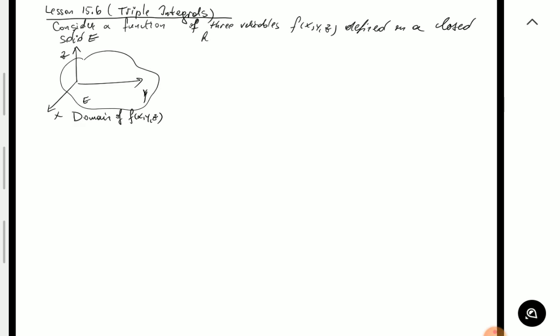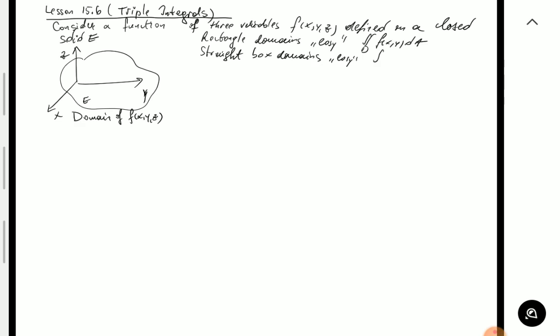Just as rectangle domains are the easy ones for the double integral, for a function of two variables, straight box domains in 3D will be the corresponding easy domains for what we're going to call a triple integral.